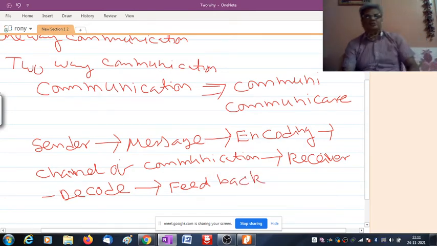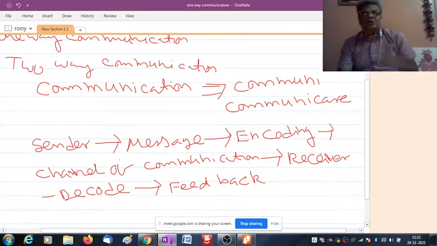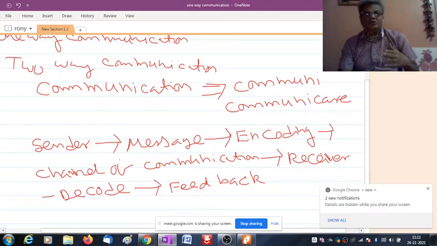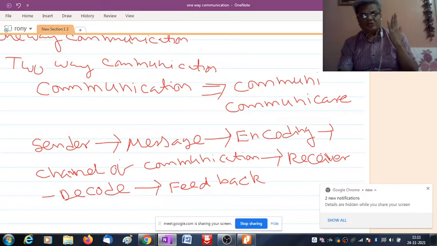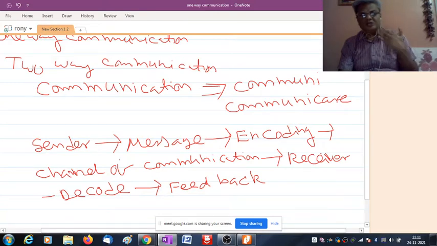Feedback means the receiver will tell the sender that he has understood the message, that the receiver has understood what the sender intended to give in toto, in full. That is called feedback. So this completes the communication process.